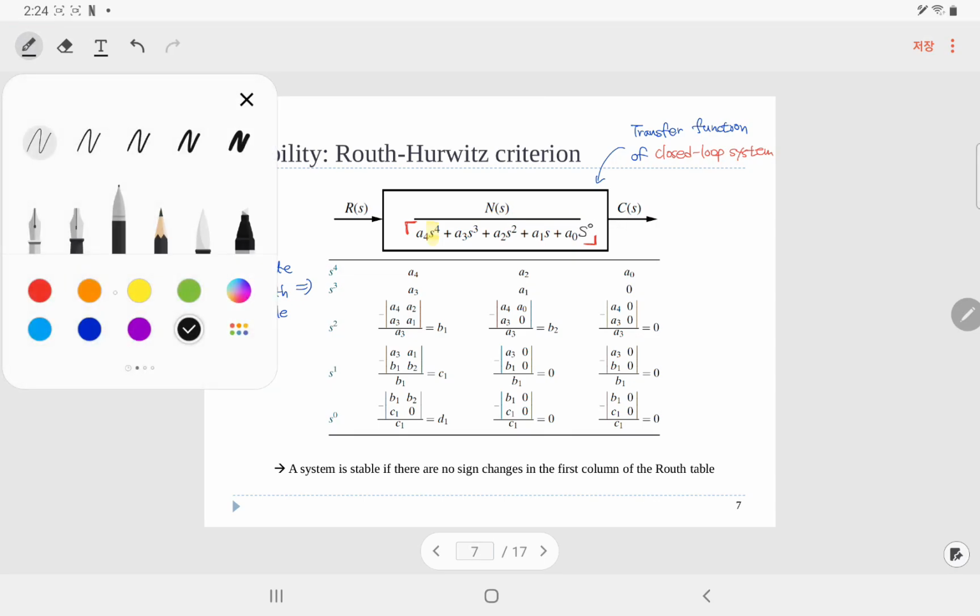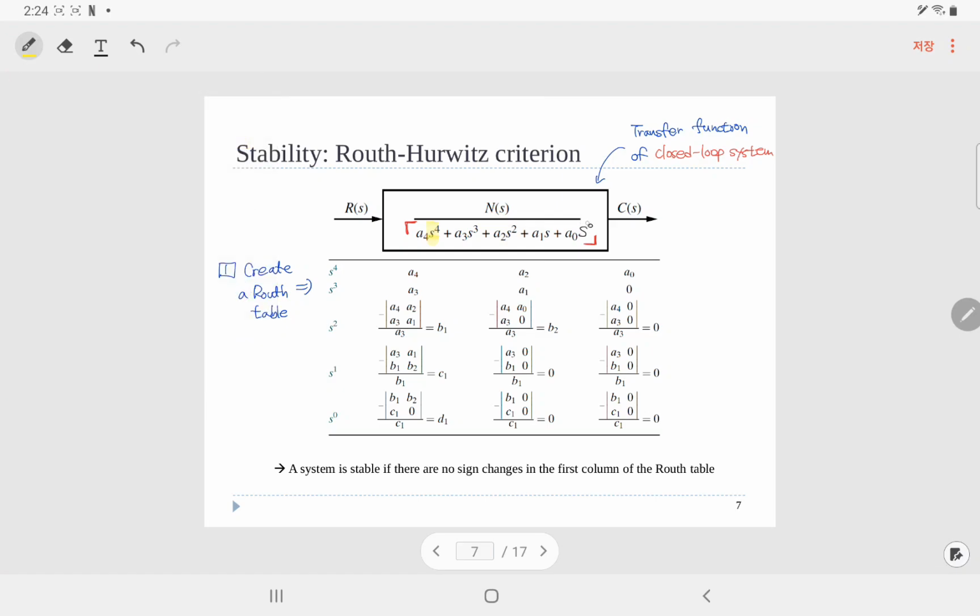So in this denominator the lowest power of S is this one.